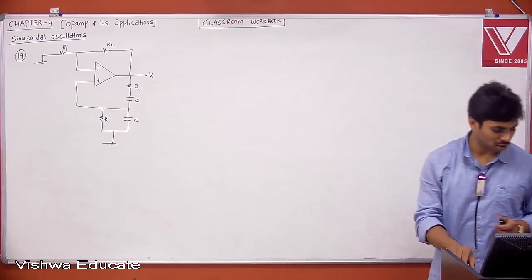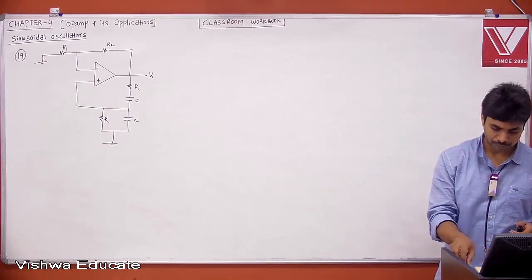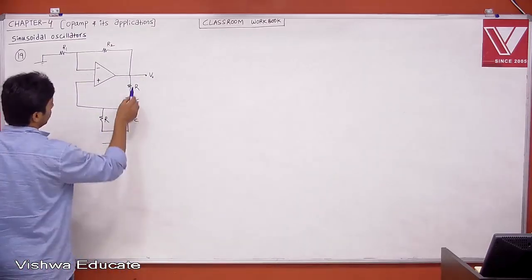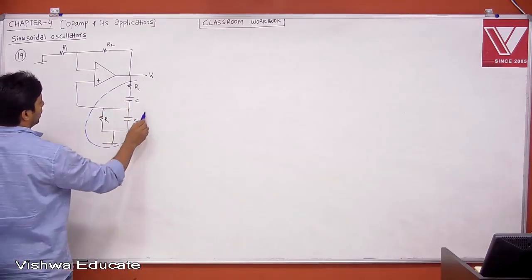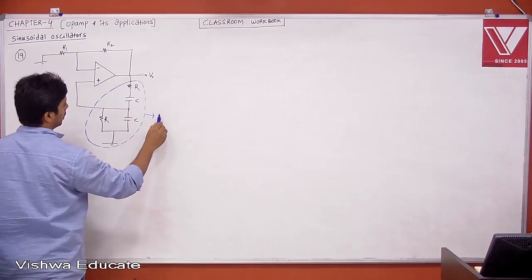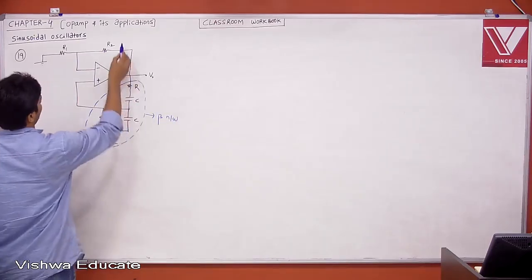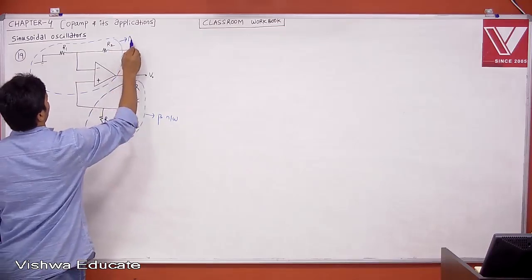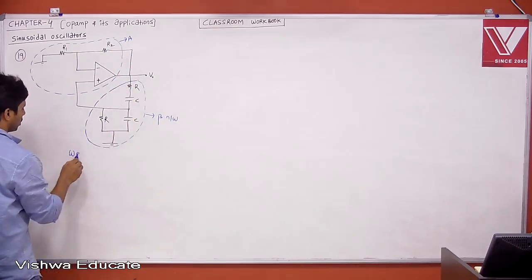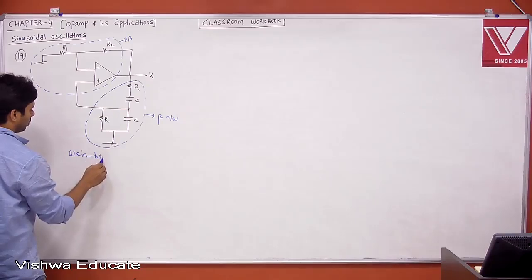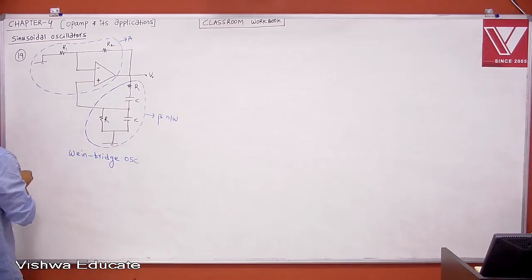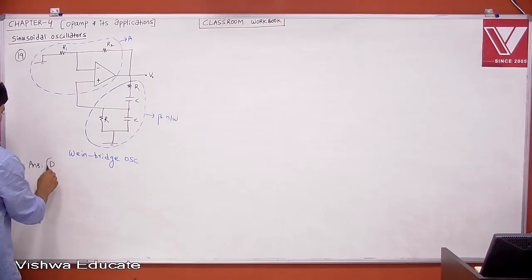This is Wien bridge oscillator because this is your beta network, and this is your open loop amplifier A. This is Wien bridge oscillator. Answer is D.